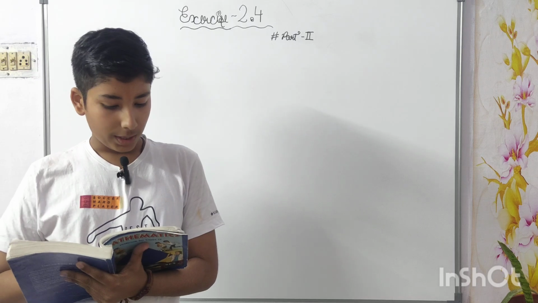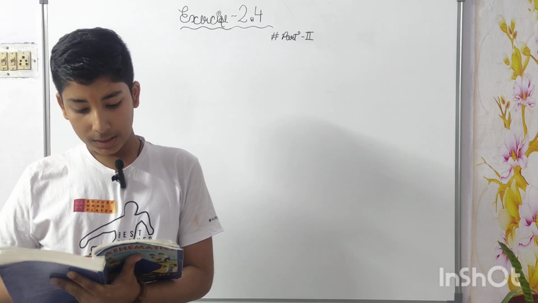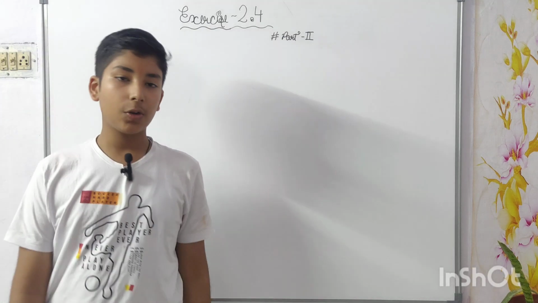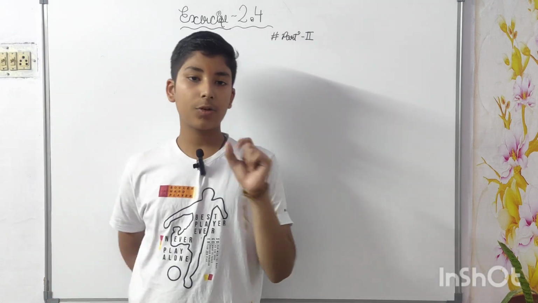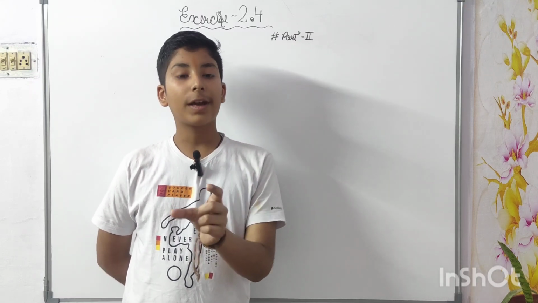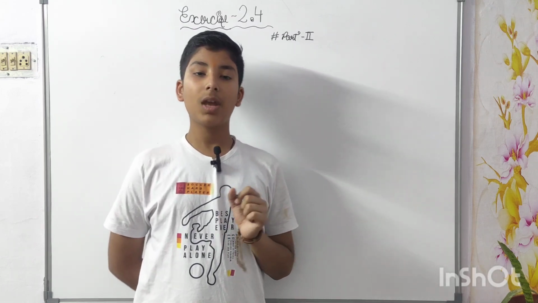Find the value of k if x minus 1 is a factor of p(x) in each of the following cases. Some of the following polynomials are given, which are denoted as p(x). So x minus 1 is a factor of p(x) in all of the questions below. So what we have to do?